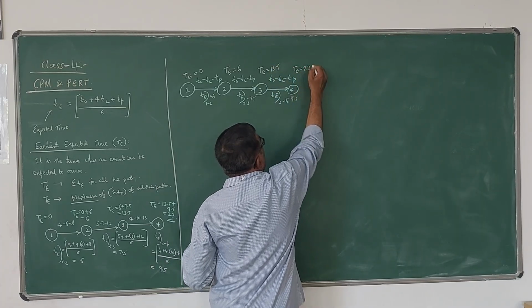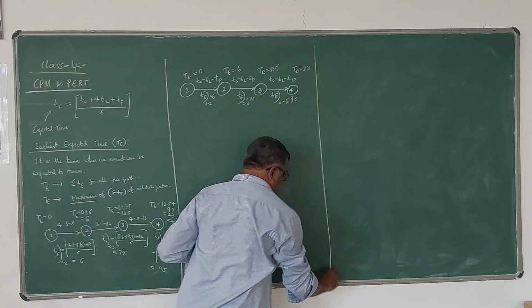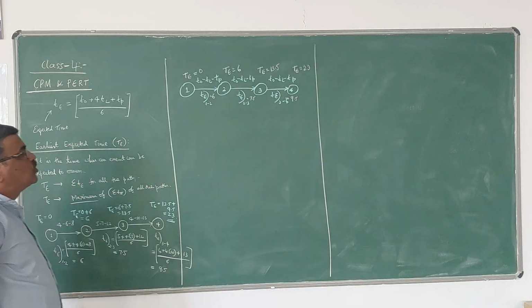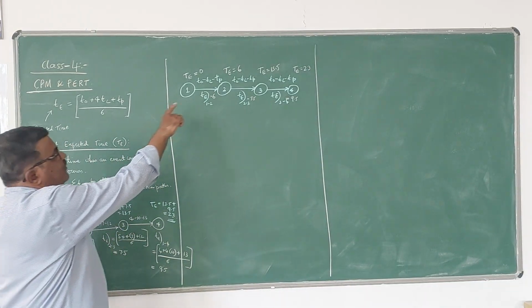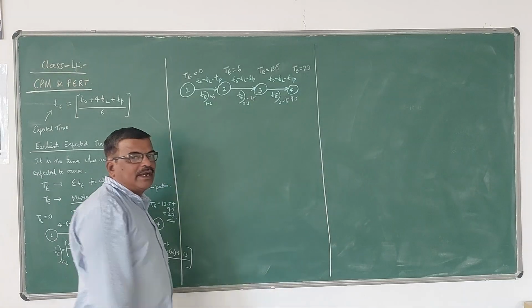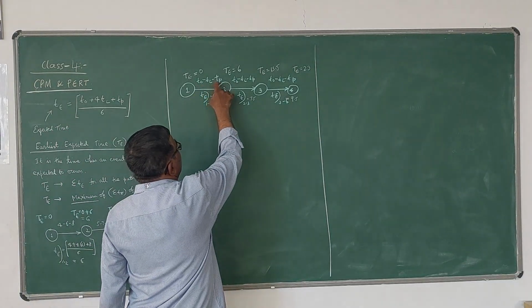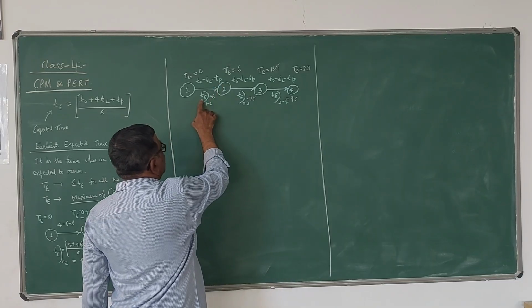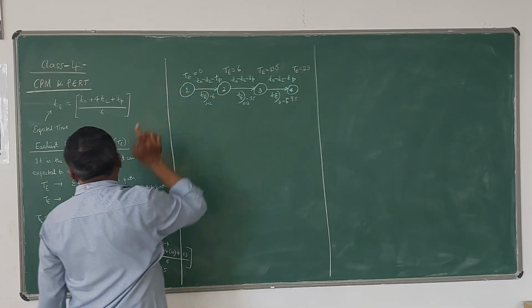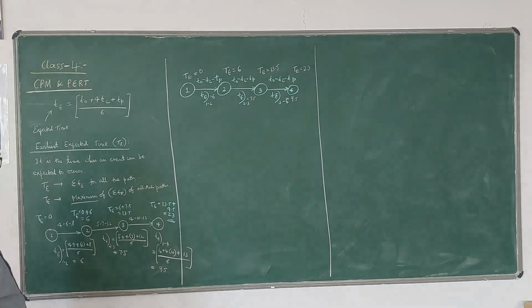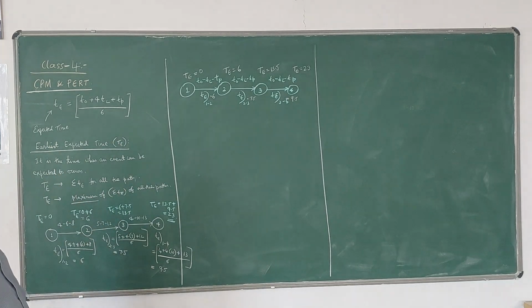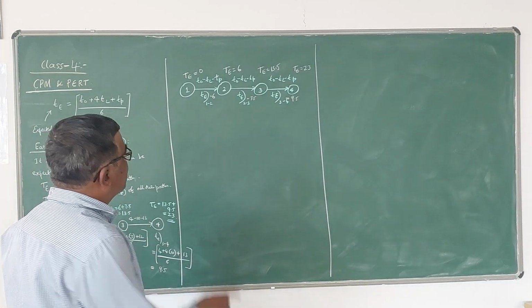So this is how we are going to write a path showing all the timings. So optimistic time, likelihood time, pessimistic time, expected time, earliest expected time, capital T. All the time estimates are written in a path like this.